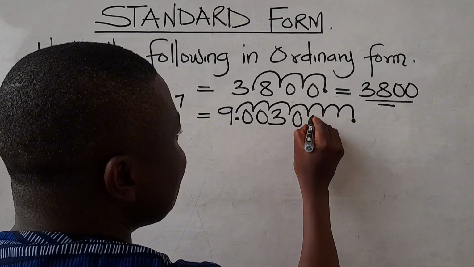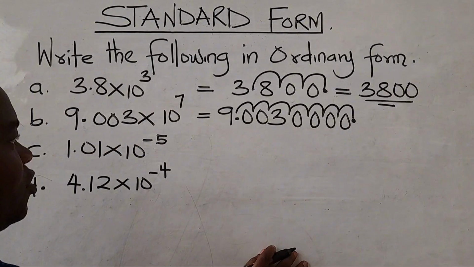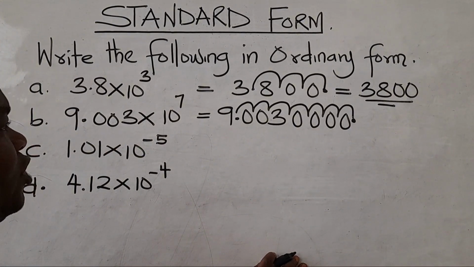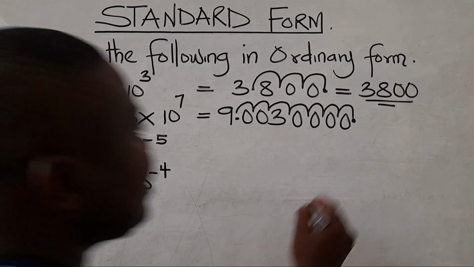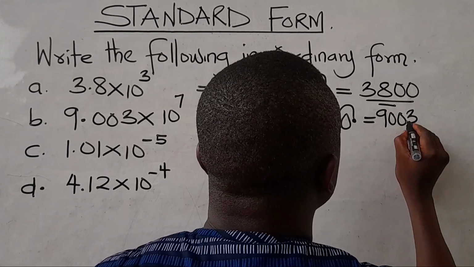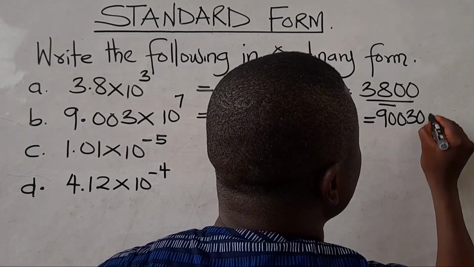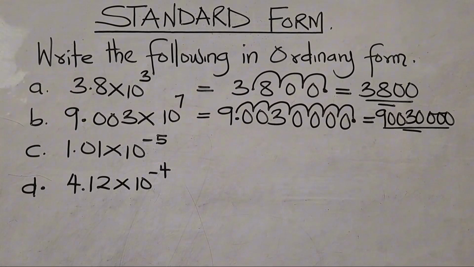So you fill other gaps here with zeros. So with this you have 90 million 30,000. Good. So let's write it out to be clearer. This is the answer. That is the answer.